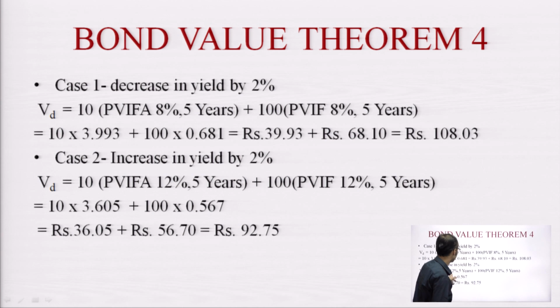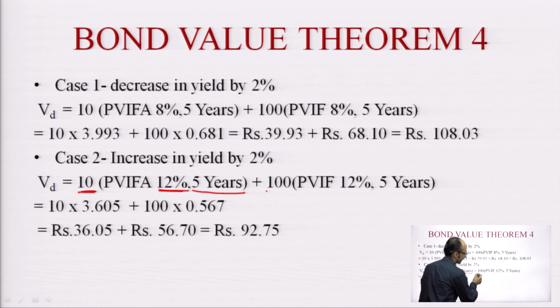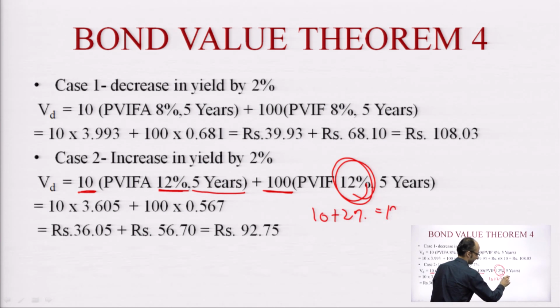In case 2, the yield is now 12%. Maturity period is the same. The bondholder will get 10 rupees as interest. The bond maturity value, the face value, will be 100, but we have clearly seen that the discount rate has now risen from 10% plus 2% to 12%.